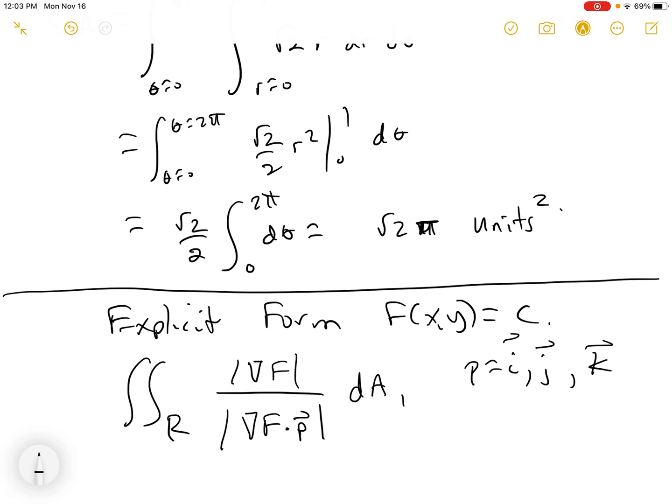It's usually k, but it doesn't matter. Maybe when we meet, I'll do an example of this. This should also be a z in here. But I'm not going to go through how you get this. You parameterize this thing, and then you come up with the del f and the del f dot p. It's pretty straightforward.